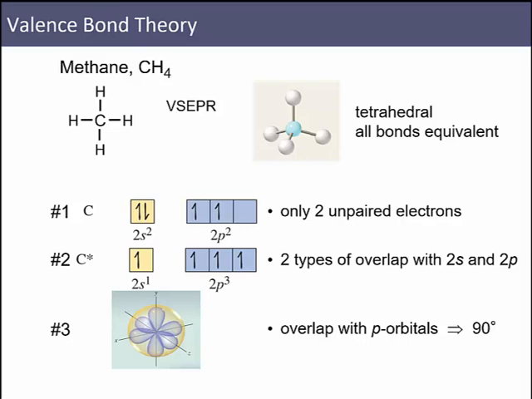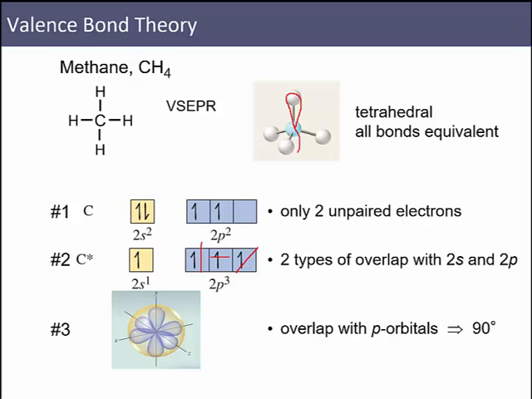But when we do that, we don't have the right geometry because one's going to be in x, one's going to be in y, and one's going to be in the z plane. Our s orbital can overlap with anything because it's a sphere, but the p orbitals definitely have orientation, and none of those orientations are in the tetrahedral positions.